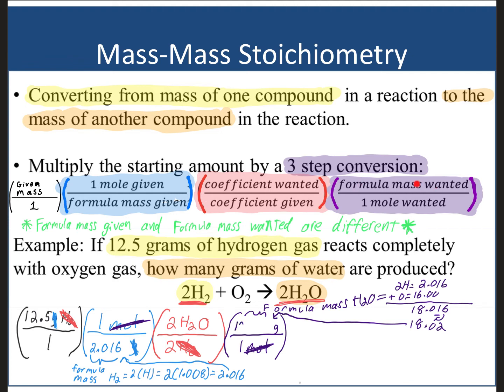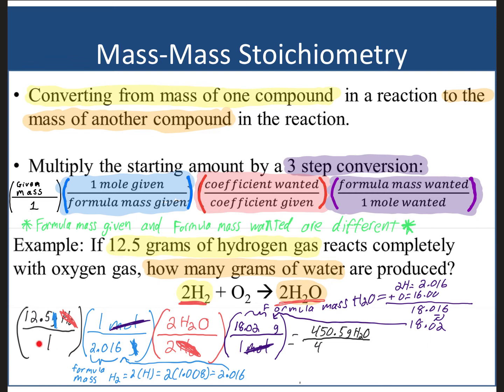Plop that in for the formula mass wanted right here. And now I have grams of water, which is just what I want. So I just have to do the math. I got to plug and chug it in a calculating device. I take the 12.5 times 1 times 2 times 18.02. I get 450.5 grams of H2O on the top.